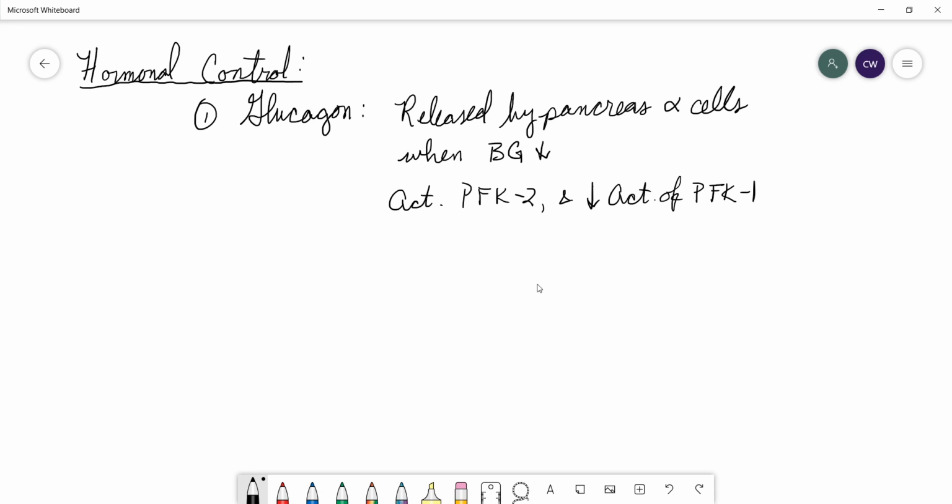Okay. It completely inactivates liver-found pyruvate kinase.